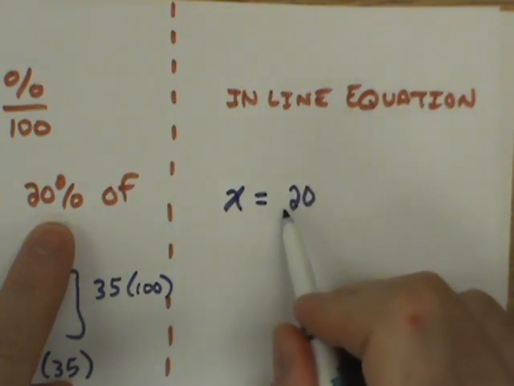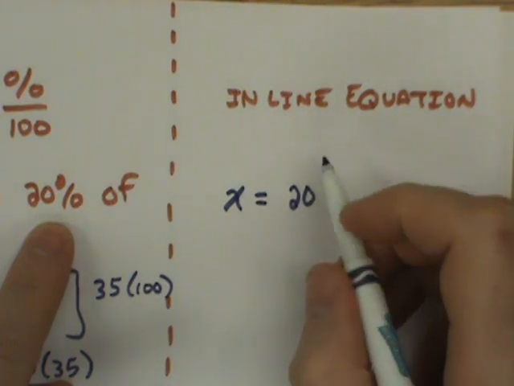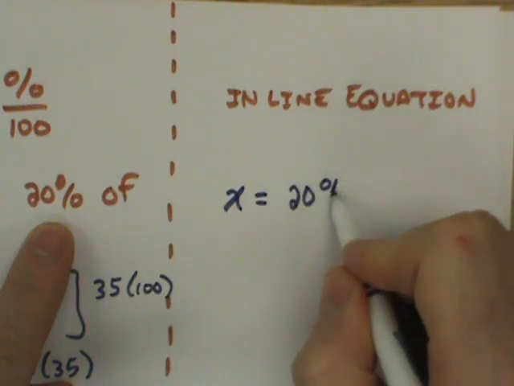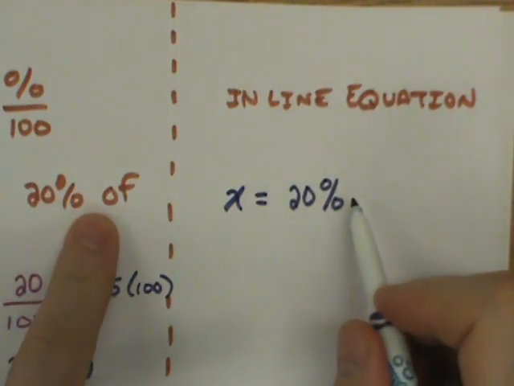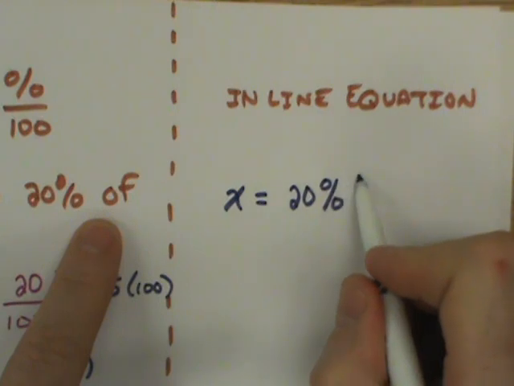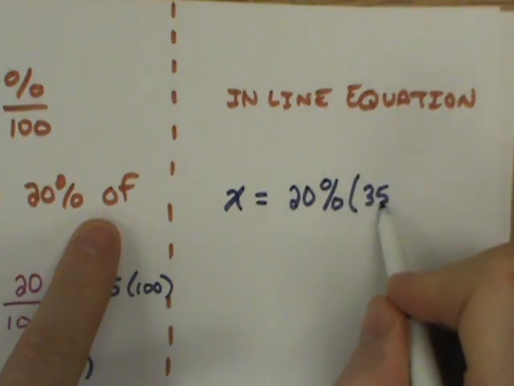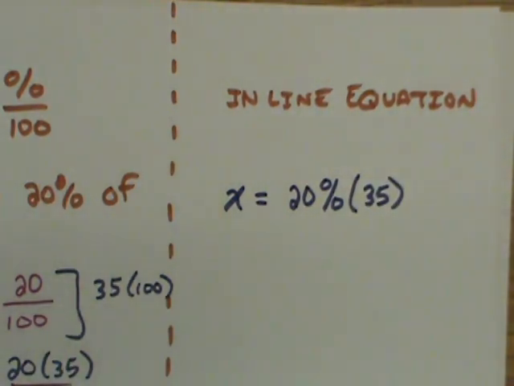You can either do it with a decimal, or because the calculators have the percentage function, you can say 20% of 35. Of is implied multiplication. And so in my calculator, you see that this is much cleaner and much quicker. We are responsible for both methods.